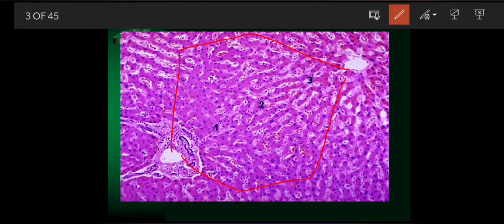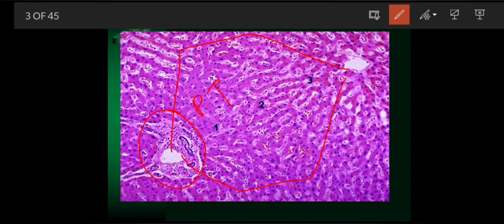Now each classical lobule has a central tributary from the hepatic vein, and at the periphery there are 4 to 5 portal tracts or triads. So this is one of the portal triads.